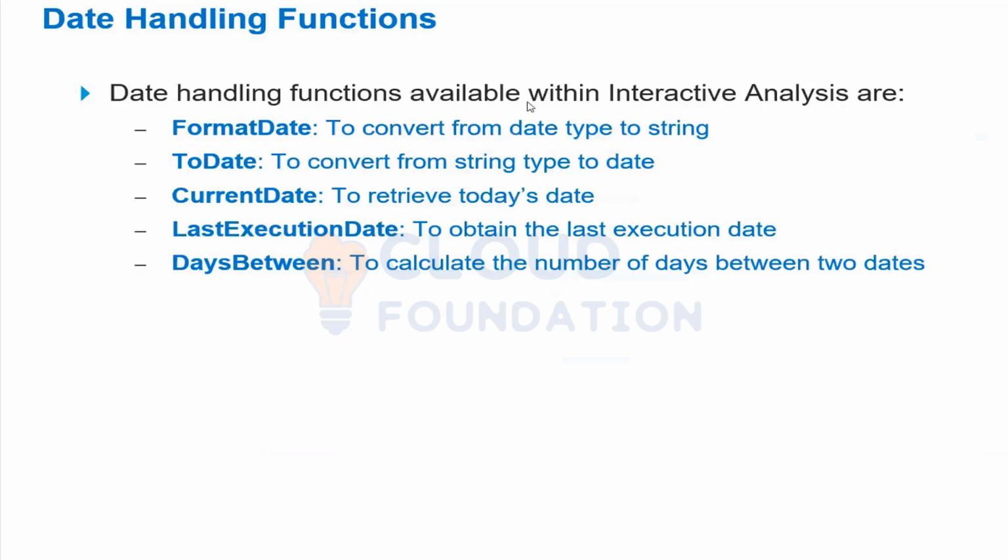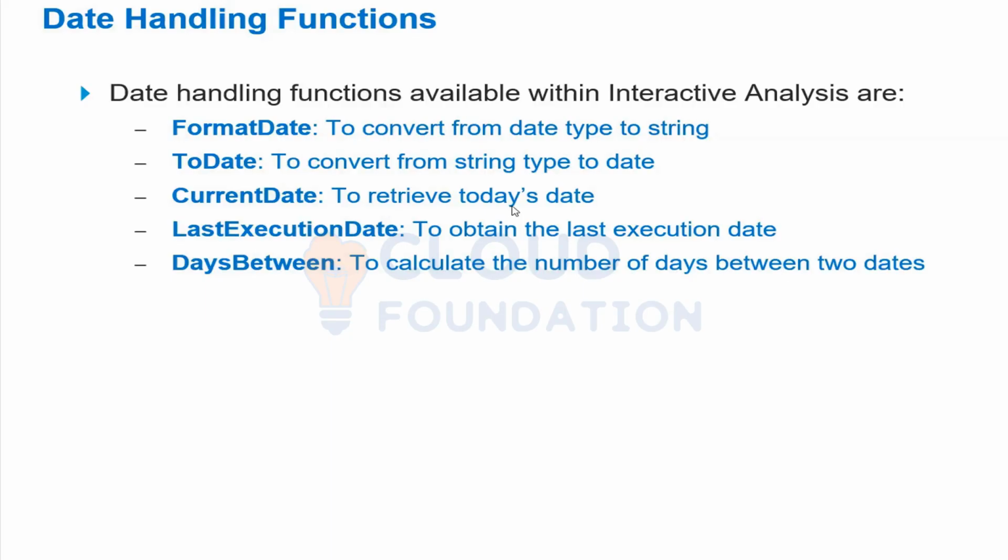And these are some date handling functions available. Format date converts from date type to string. If the particular object is of date type, we can convert that to string using format date. To date converts a date string to date. If date is assigned as a string, we can convert that to date using to date.